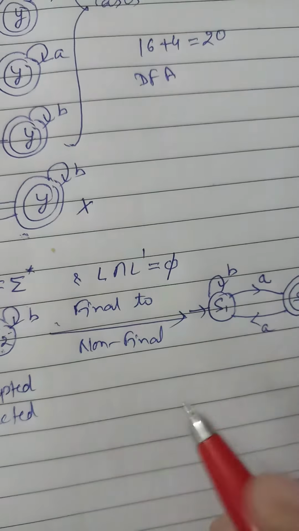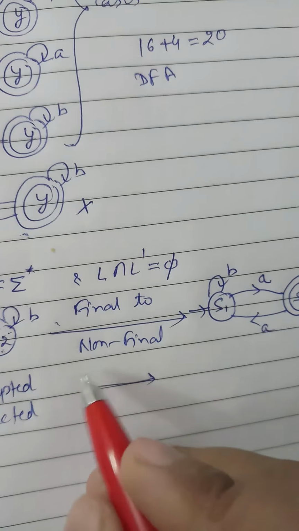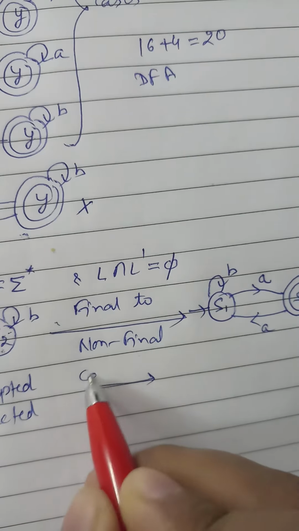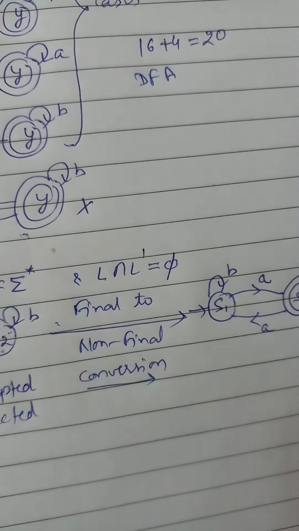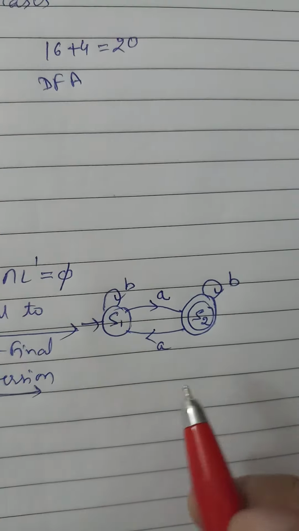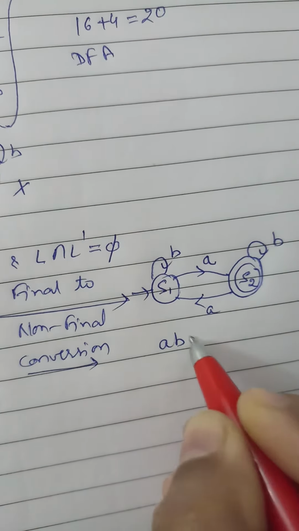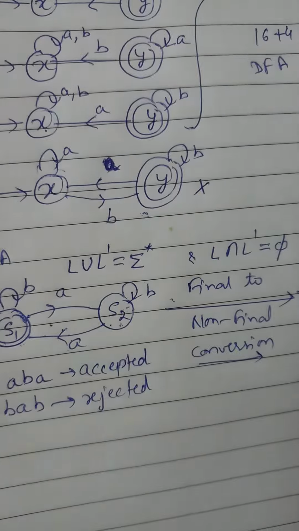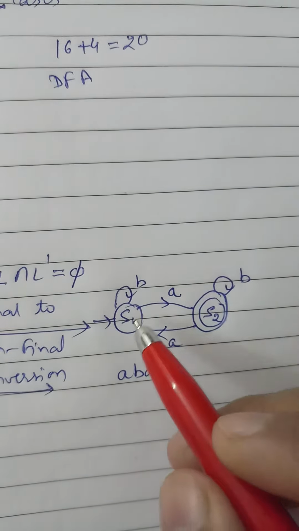Because here we did the conversion of final to non-final, we now see whether the same strings are accepted here or not. As we have taken ABA there, we take ABA here. Will ABA be accepted or not?